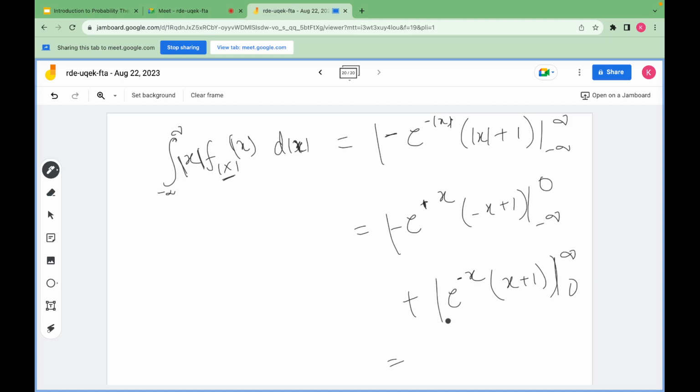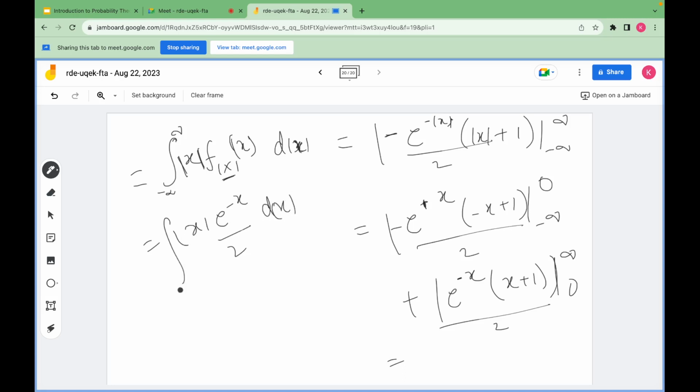So on solving this, this will be 1 divided by 2, because this is nothing but mod x e to the power minus x by 2 d mod x. So this will become 1 by 2 plus 1 by 2, which is equal to 1. So this value is 1.